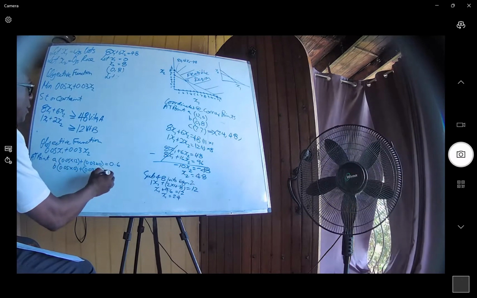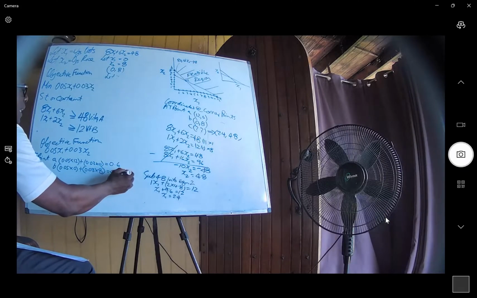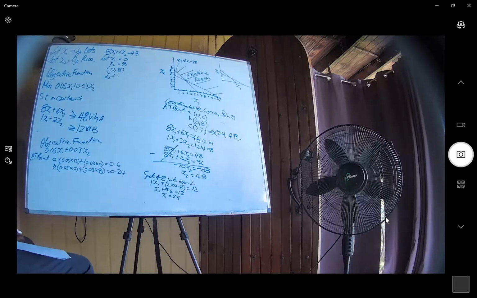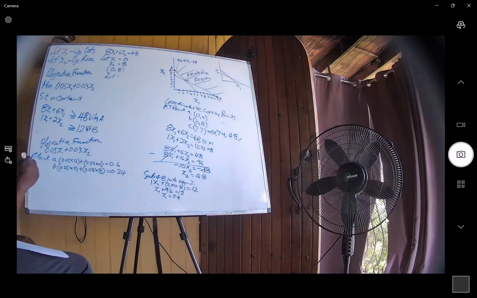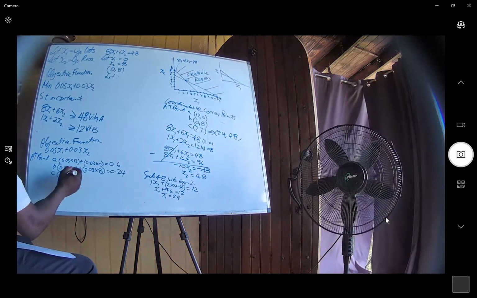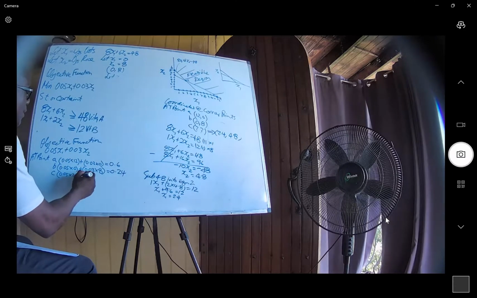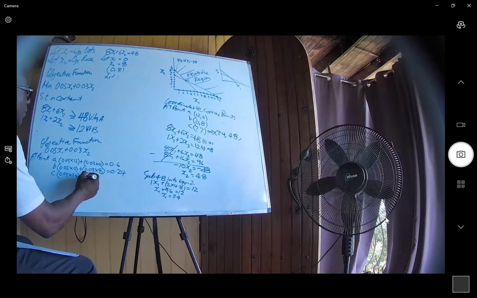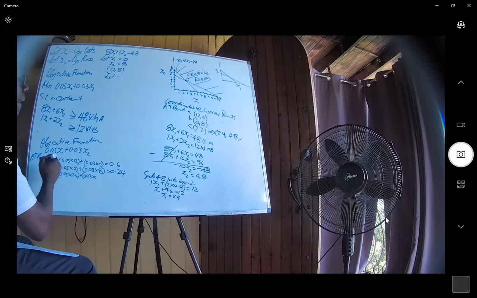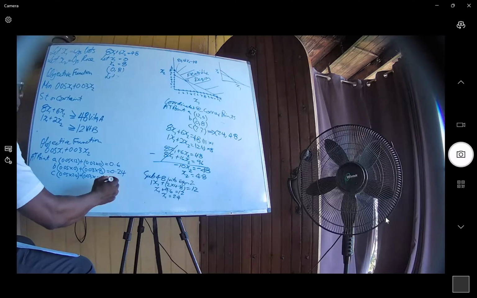Are you guys seeing where the numbers are coming from? Anybody not seeing where the numbers are coming from? You're taking it from the coordinates that you found. C is going to be 0.05 times, what was C? 2.4 plus 0.03 times what? 4.8.